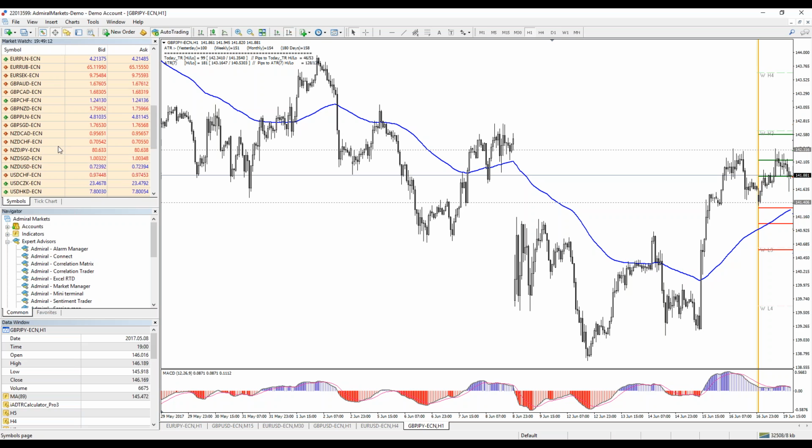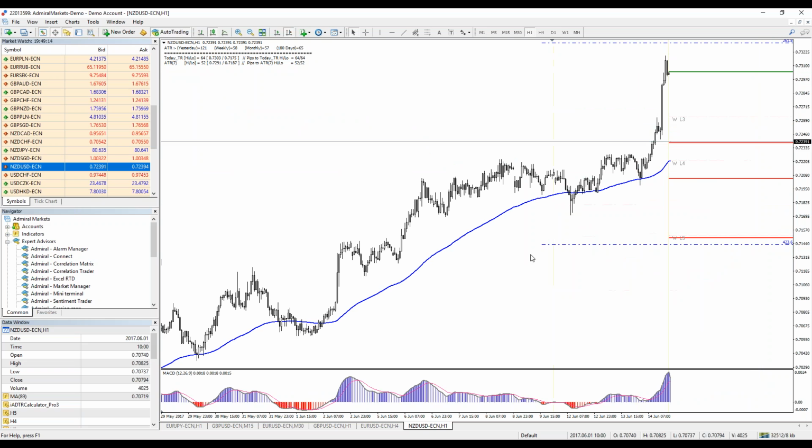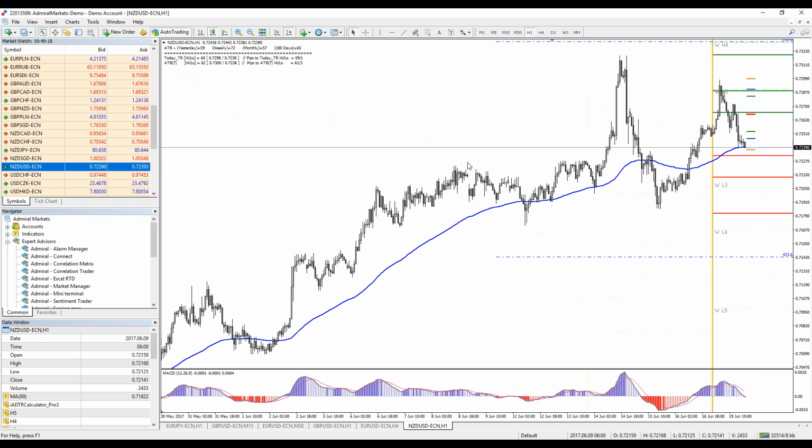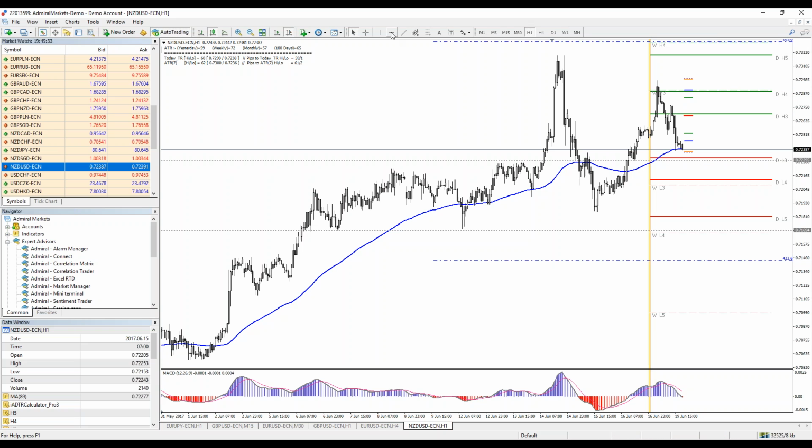Let me open New Zealand dollar chart. You see, this is some sort of a range. This was the range, major range. Then the price broke. Then it again tries to enter the range. If it doesn't make it here, this will be possibly some new range.